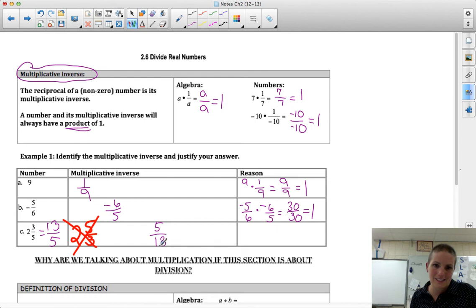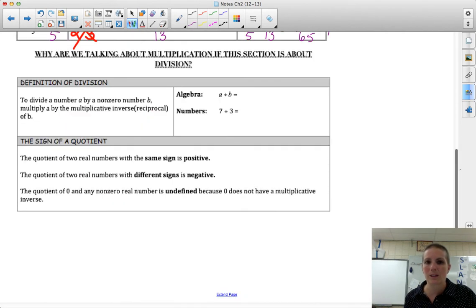The reciprocal, or the multiplicative inverse, would then be 5/13. And the reason is because when I multiply 13/5 times 5/13, I get 65 over 65. So that is in fact my 1.